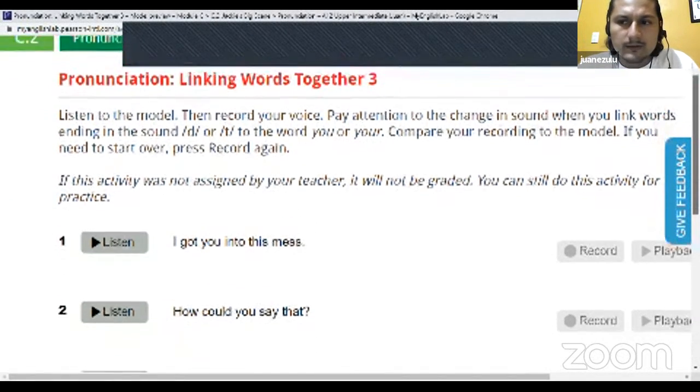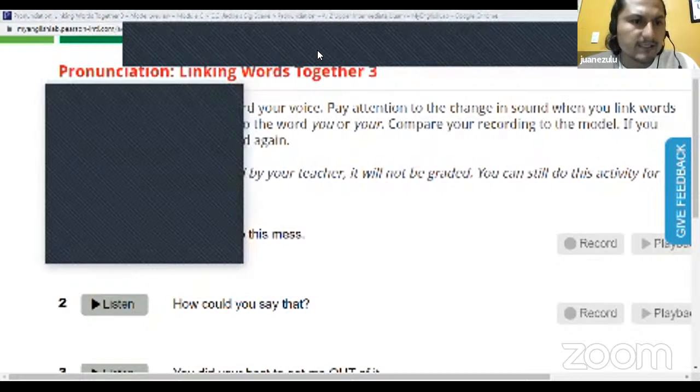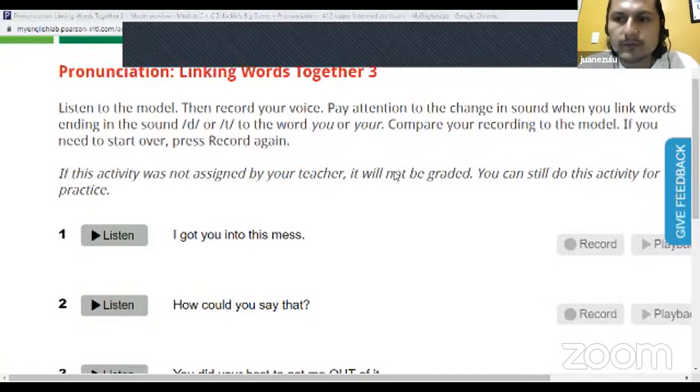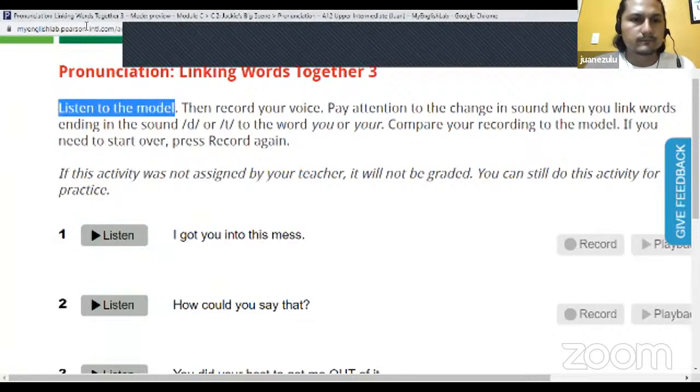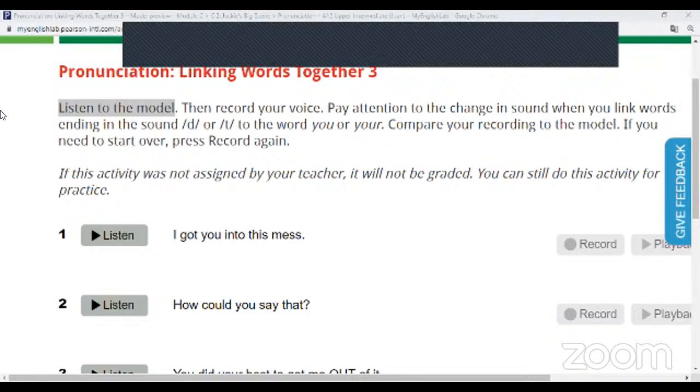Okay. So here, let me ask, let's see, Oscar, Mariana, Dolis, Andres Garcia, Alison. Let me ask you, Dolly, if you could please read the explanation, please. Listen to model, then record your voice. Pay attention to the change in sound when you link words ending in the sound D or T to the word you or your.